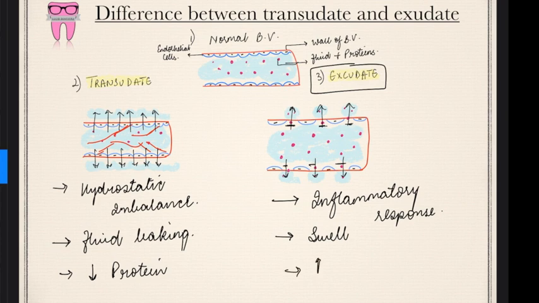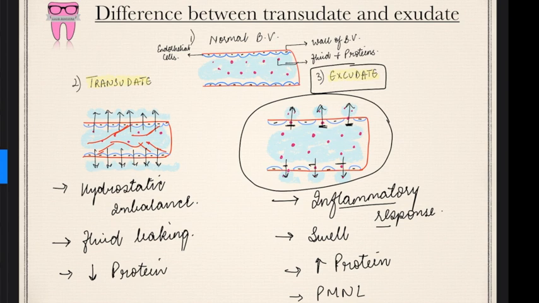Hence, we have an increase in protein content, and since it is an inflammatory response, we have inflammatory mediators like polymorphonuclear neutrophils or leukocytes present. So this is how there is a difference between transudate and exudate. Transudate occurs in high BP whenever there is a hydrostatic imbalance, and exudate occurs in an inflammatory response, swelling of the vessels, which creates gaps between the endothelial cells, allowing free passage for the proteins to flow out of the capillaries into the surrounding environment.